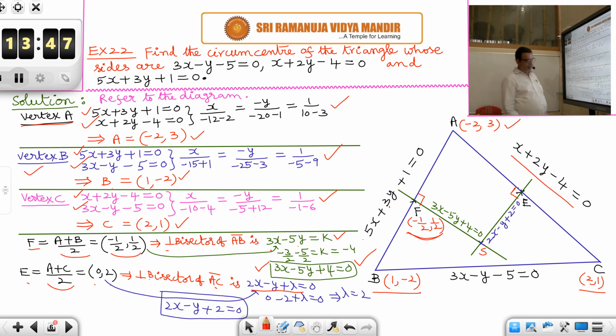How to find lambda? It is passing through E, 0 comma 2. So substituting 0 comma 2, you get lambda is equal to 2. Put lambda is equal to 2 in the equation, you get this blue equation. 2x minus y plus 2 equal to 0 is the perpendicular bisector of what? The side AC.